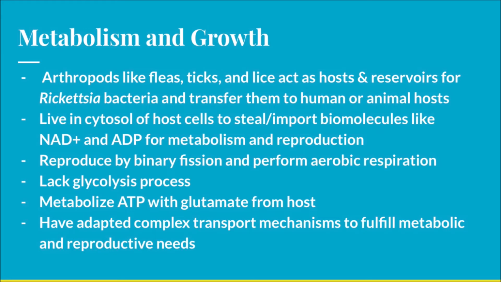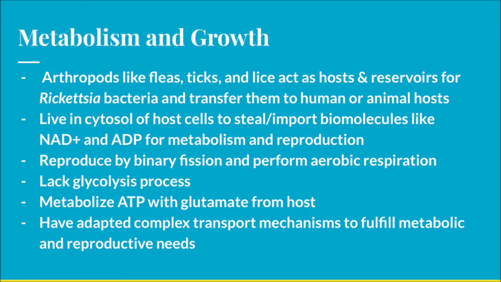For their metabolism, they import or steal important biomolecules from their hosts to reproduce and metabolize. With regard to reproduction, they do so through binary fission, and in regards to metabolism, they perform aerobic respiration, although they do lack the glycolysis process.